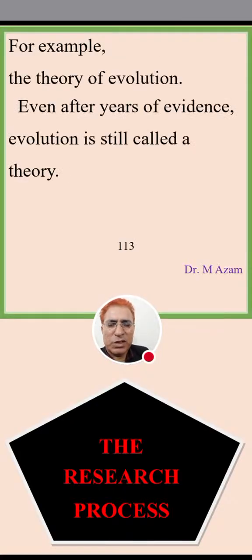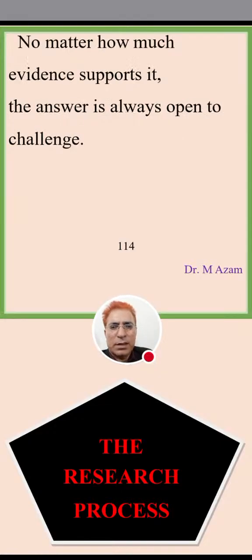For example, the theory of evolution. Even after years of evidence, evolution is still called a theory. No matter how much evidence supports it, the answer is also open to challenge. The theory of evolution deals with questions like how this universe was created, how did it come into being, how humans came into being, how life came into being.